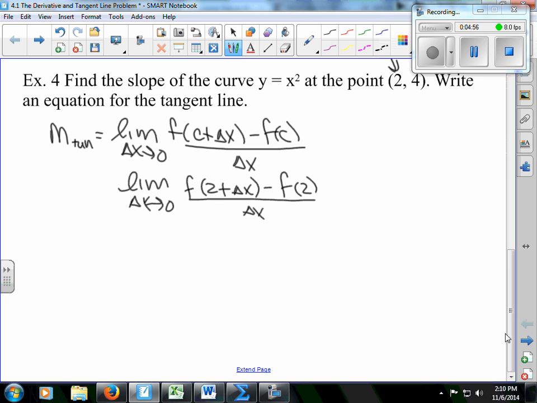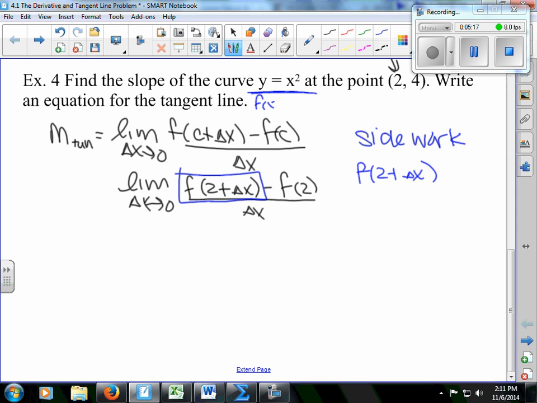At this point, in order to keep moving in my limit, I'm going to do some side work. In my side work, I'm going to figure out what this quantity f of 2 plus delta x is. In this problem, my function is what y equals, so f of x is y, and my function is x squared.